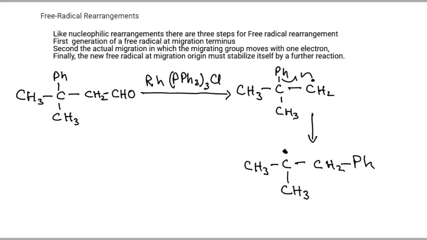Alkyl groups will not migrate in free radical reactions due to their stability. Due to stability means they are less stable as compared to phenyl radical.